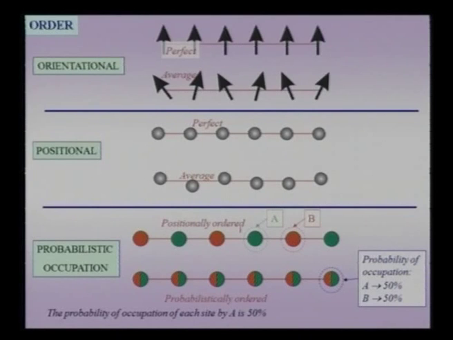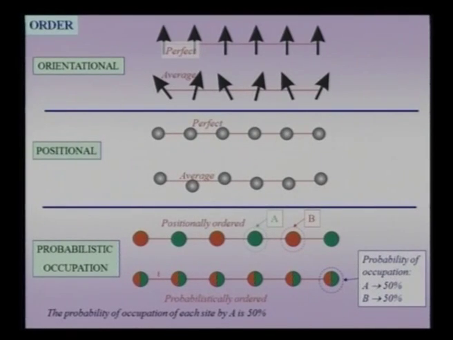Of course, instead of 2 entities, you could have many entities, and they could all form a disordered crystal, and you would still use the language of crystallography, noting that now I am defining the crystal based on probabilistic occupation.